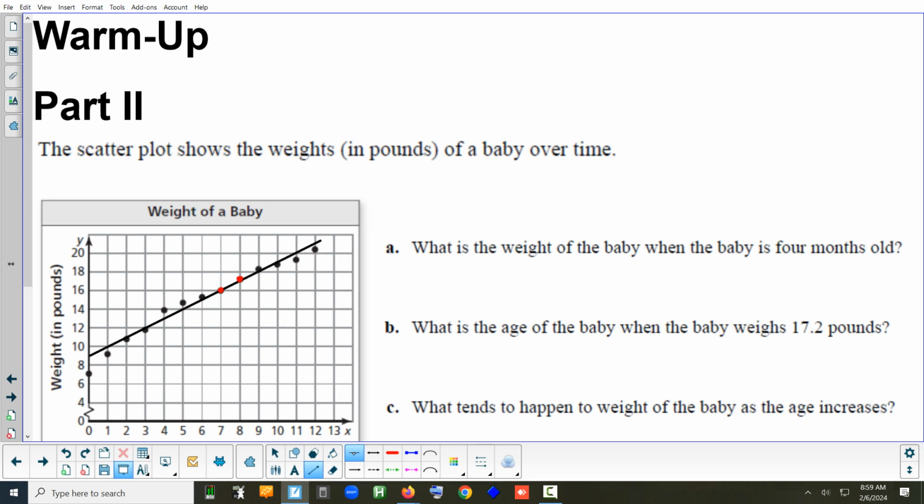If I drew a line maybe like this, I would say that's not a good line, because if I start measuring all these distances, from this dot to my line, and that dot, there's quite a distance. We're going to talk about measuring those distances today, and that's going to tell us how good the line is. The smaller the distance, the better the line is, because that means the dot is really close to it.